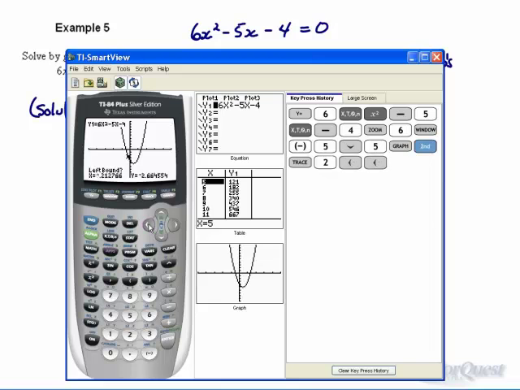Now how the calculator works is you can see there's a little flashing cursor that'll come on the screen. What you have to do is tell the cursor where to look.